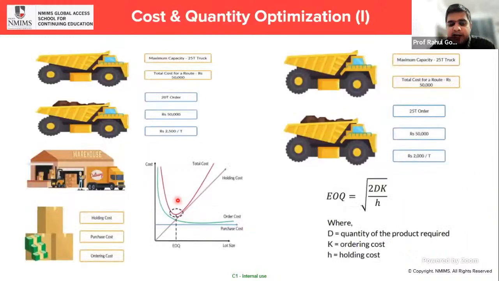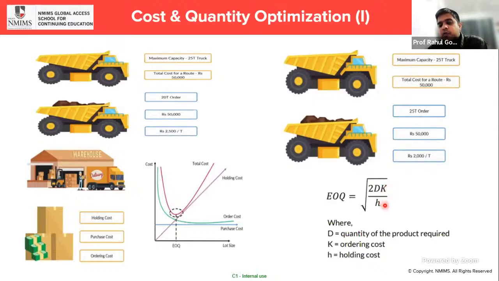So this is what I had explained earlier. When we have to take decisions on how much to order, we bring in the element of ordering cost and holding cost. Economic order quantity is calculated using this formula, which is the square root of 2 into D into K divided by H, where D is the quantity of the product which is required, K is your ordering cost, and H is your holding cost.